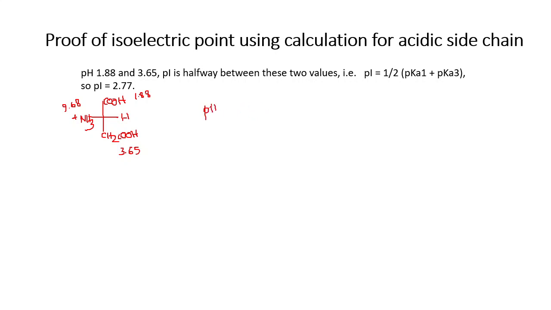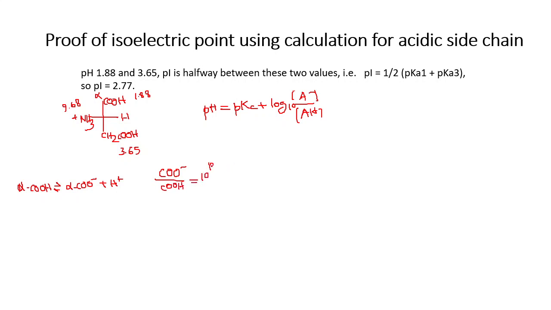So we start with Henderson's equation again. pH equals pK plus log10 of A minus by AH. Let's start with this group, that is alpha COOH dissociating into alpha COO minus plus H plus. In this case, COO minus by COOH is 10 to the power pH minus pK.